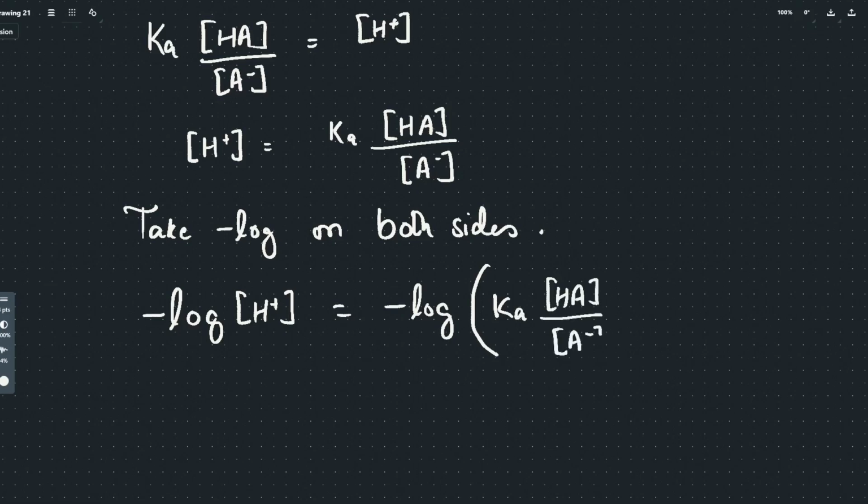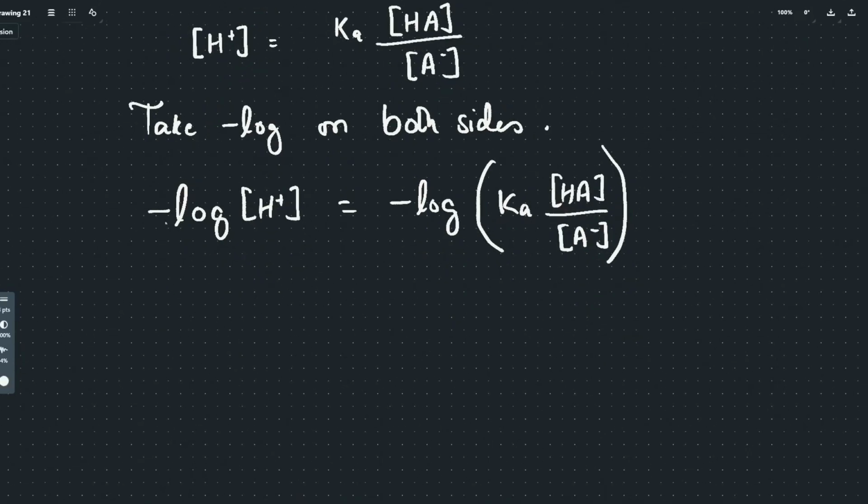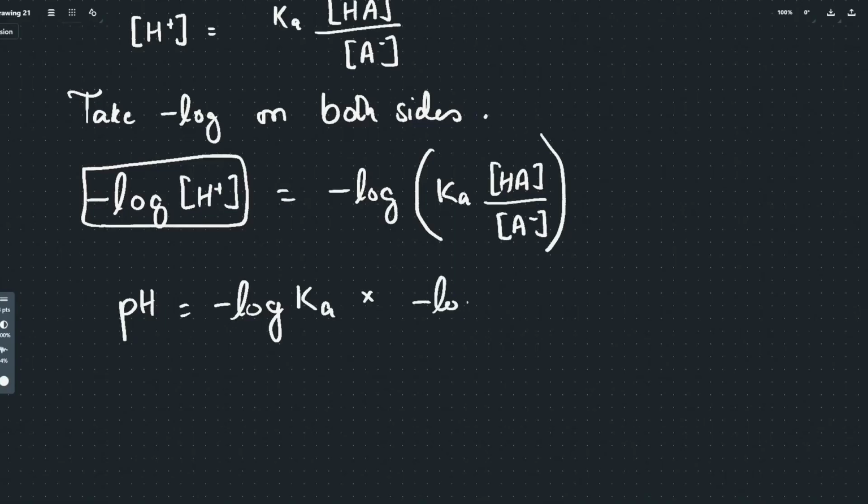Of course we know this is equal to pH, so we can simply substitute it with pH. Now can I write it like this: negative log of Ka multiplied by negative log of HA, concentration of HA over A negative?